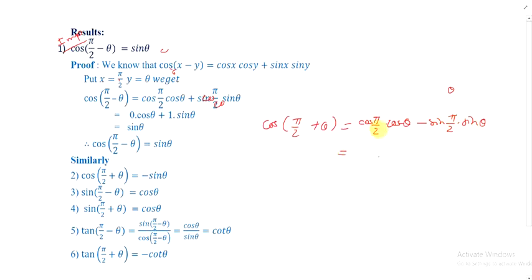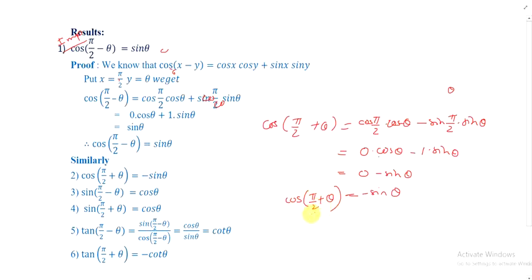Here again, cos pi/2 is 0 into cos theta, minus sin pi/2 which is 1 into sin theta. So 0 into cos theta is 0, minus 1 into sin theta, that is minus sin theta. Finally we have cos(pi/2 + theta) is equal to minus sin theta.